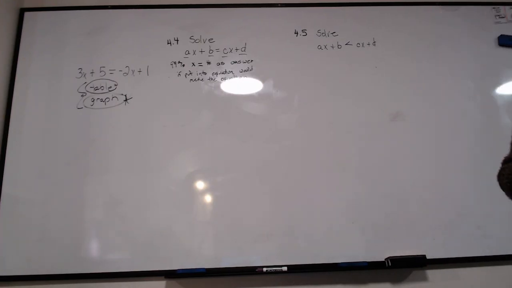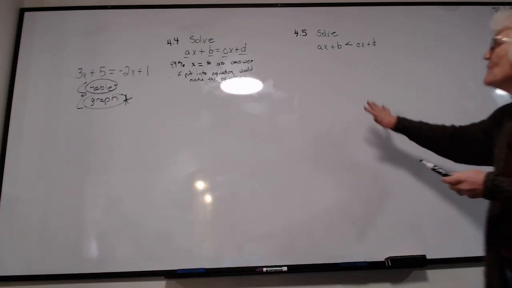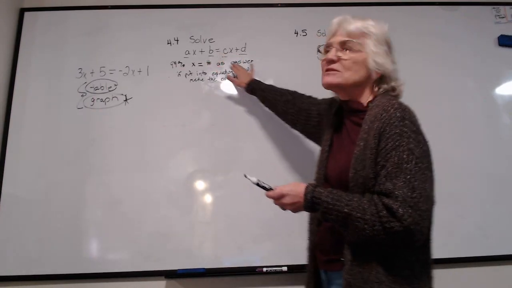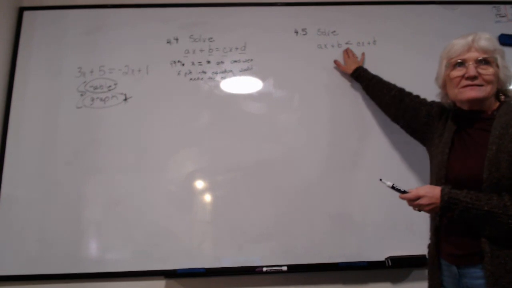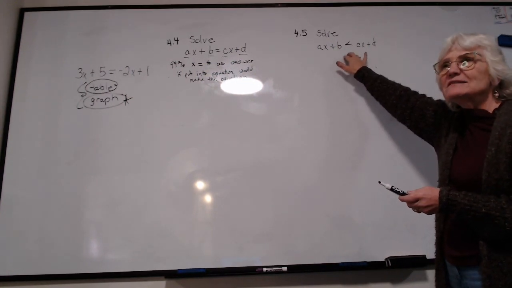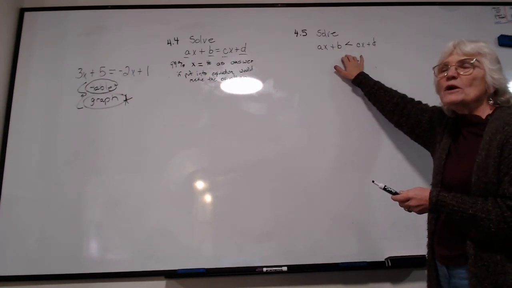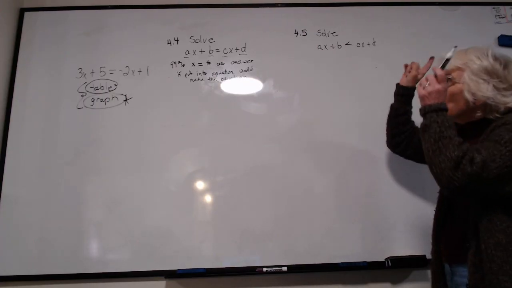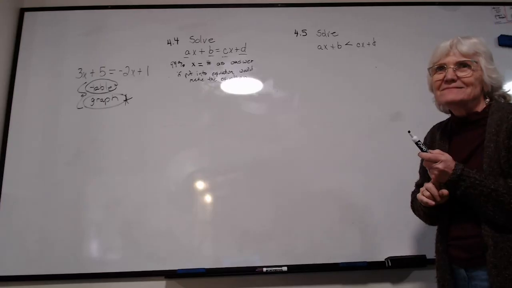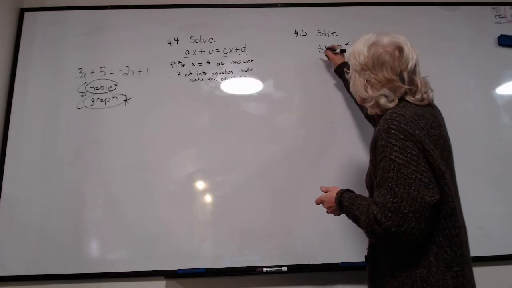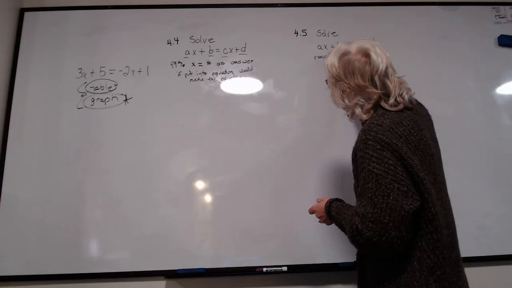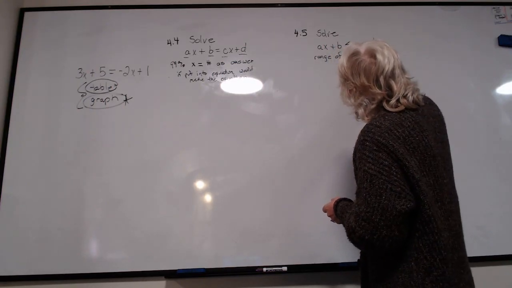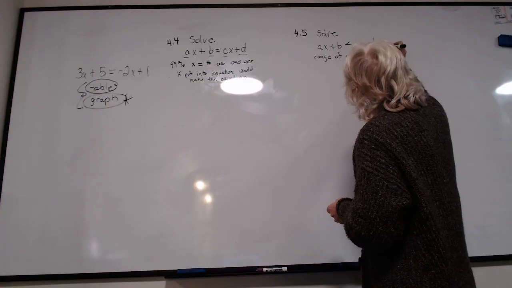Okay. So in 4.5, instead of solving an equation, we're solving an inequality. But when it's an inequality, we're going to get a whole range of numbers. We don't just get one answer. We get a range of answers that make it true.